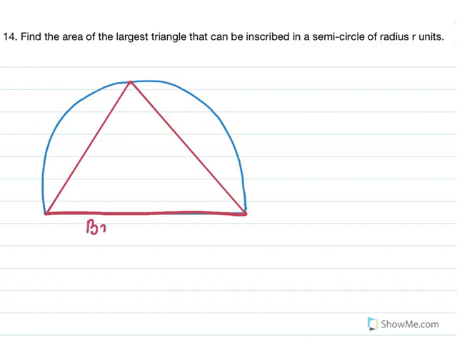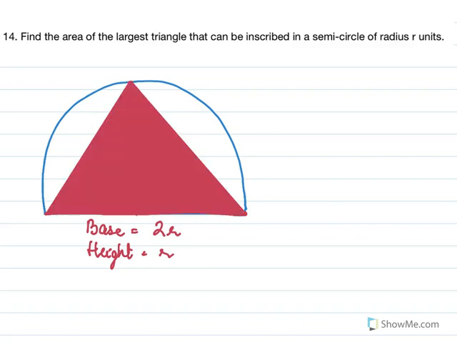Now for this we know the base. This is the base of the triangle, which is 2r because it is a diameter. And here we'll have the height. This is 90 degrees. And you know the height of the triangle will be the radius. So this height will be now r. So the area of this triangle will be half base into height.